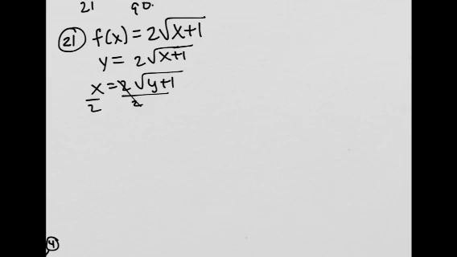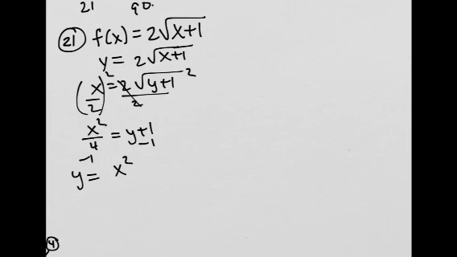And I need to get rid of the radical, so I'm going to square both sides. By doing that, I get x squared over 4 equals y plus 1. So now I'm going to subtract the 1. So then y equals x squared over 4 minus 1. And so just write it in function notation. And that would be the inverse.